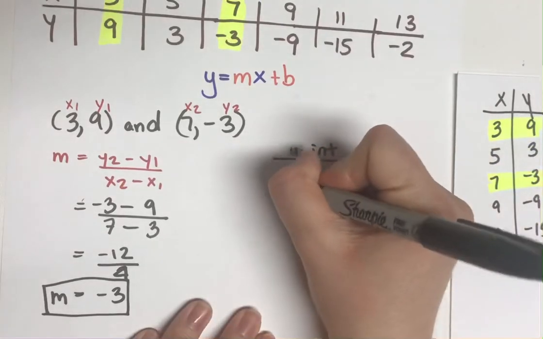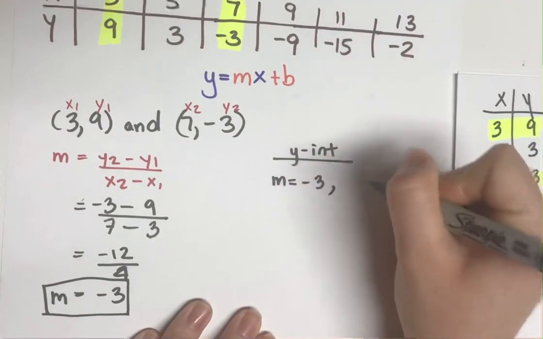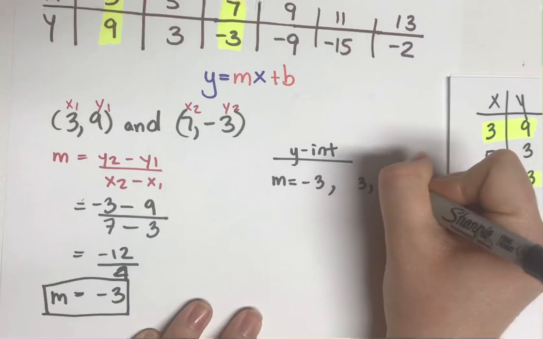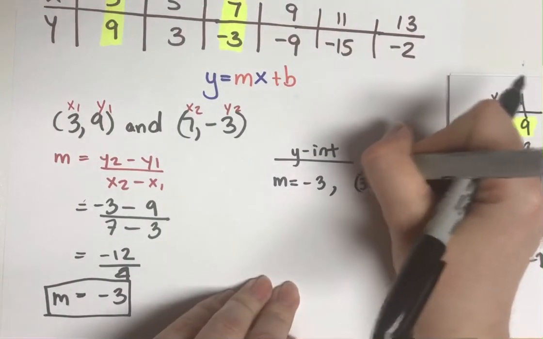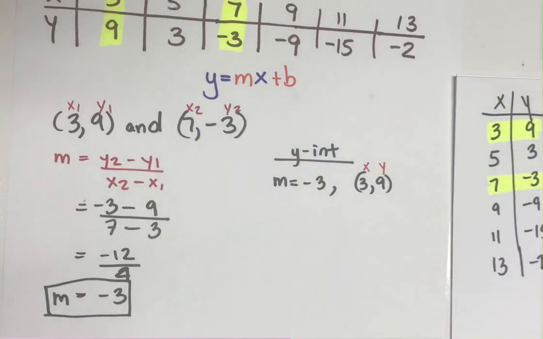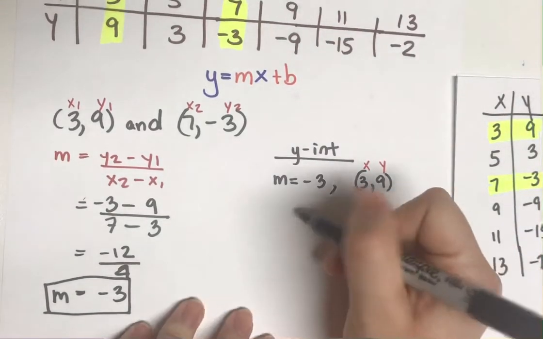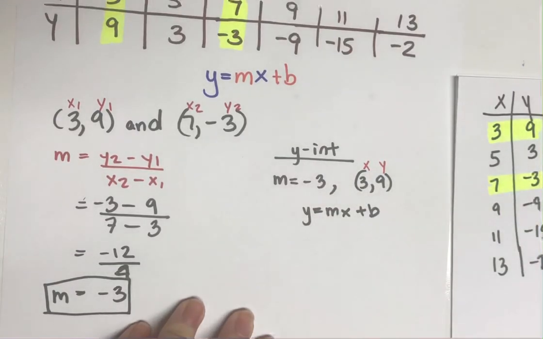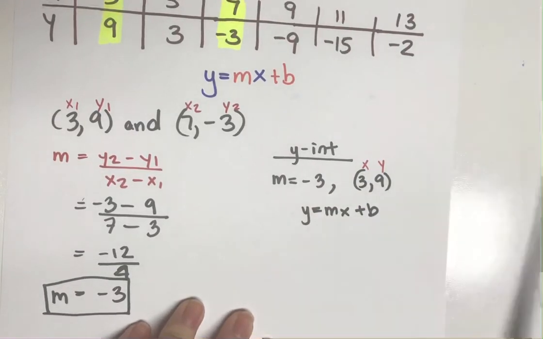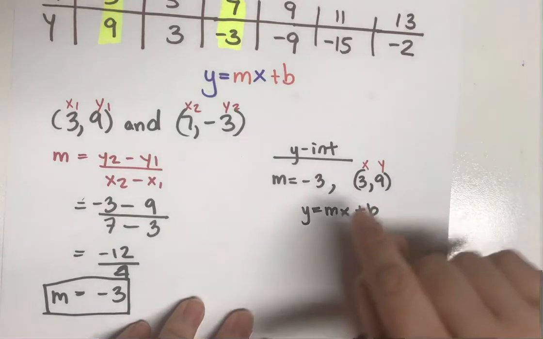So I'm going to use m is equal to -3, and I'll use the coordinate 3, 9. This is my x and this is my y. I'm going to write out the formula, y equals mx plus b, and substitute the known values. The only thing I don't know here is my y-intercept.